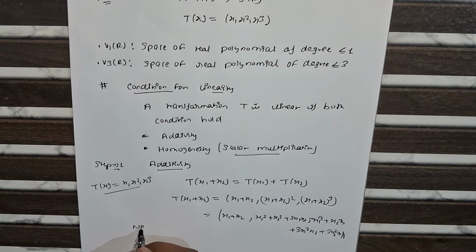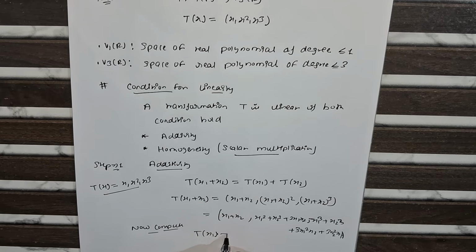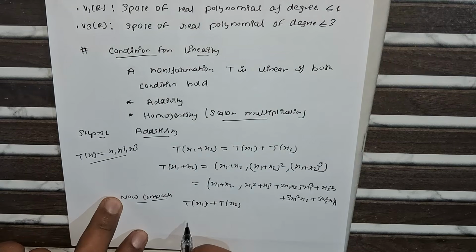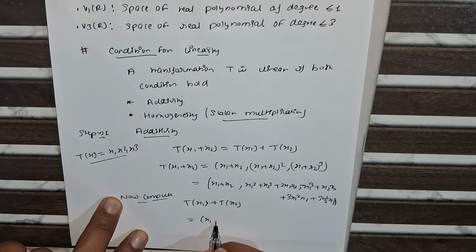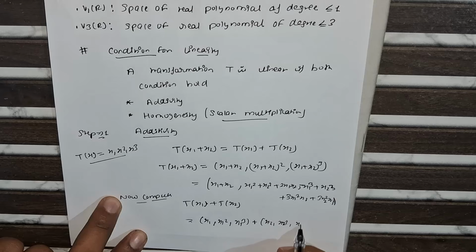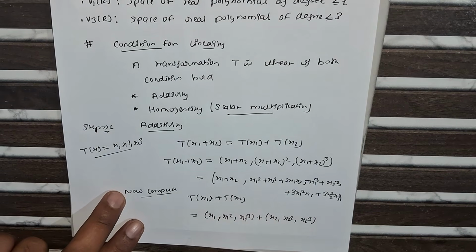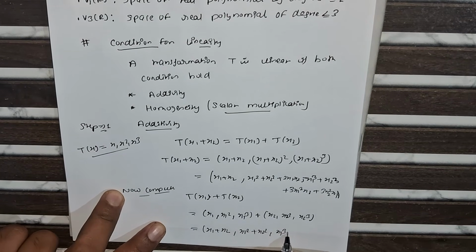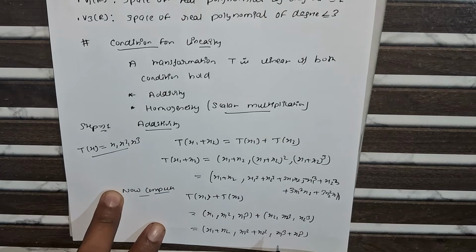Now compute with the given equation, which is T(x1) plus T(x2). So this is x1 comma x1 square comma x1 cube plus x2 comma x2 square comma x2 cube. That gives x1 plus x2 comma x1 square plus x2 square comma x1 cube plus x2 cube. So they are not equal, because some extra terms appear in the square and cube.